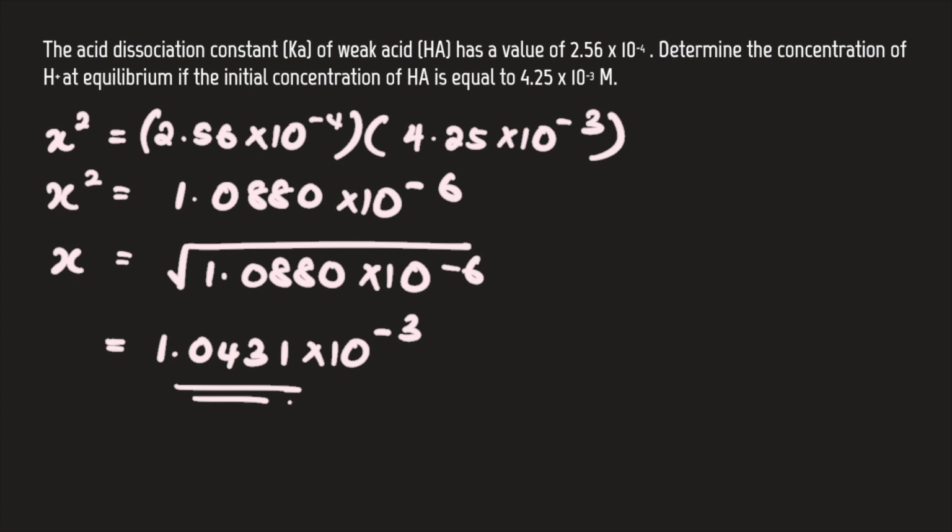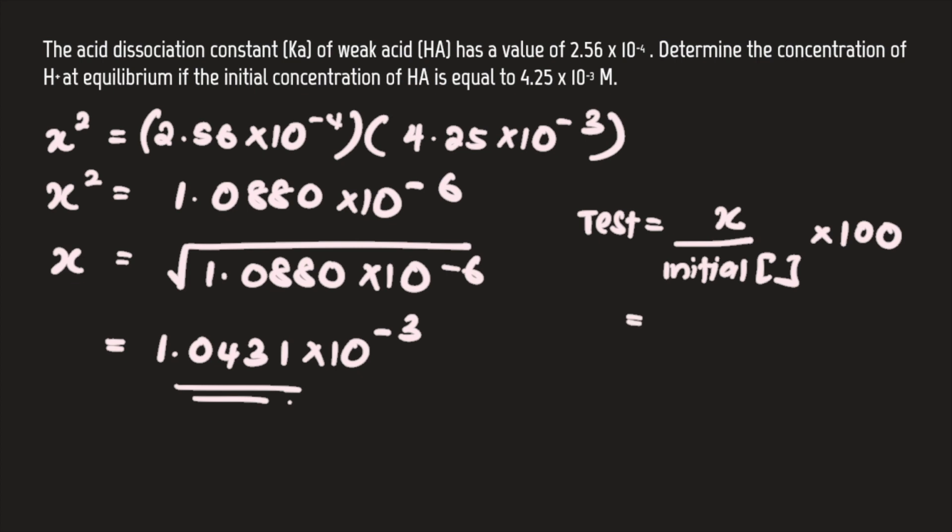Right. So what is the next step that you need to do? Because at the moment we are using the approximation method, we need to test whether this value of x is approved or not. So we need to test it by using the test, which is equivalent to the value of x divided by the initial concentration times 100.